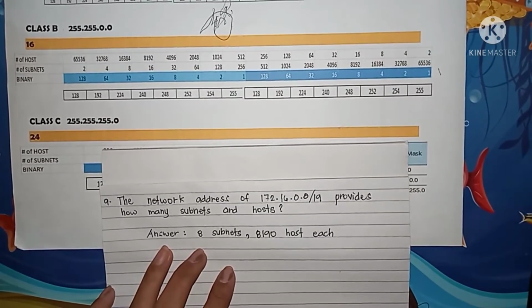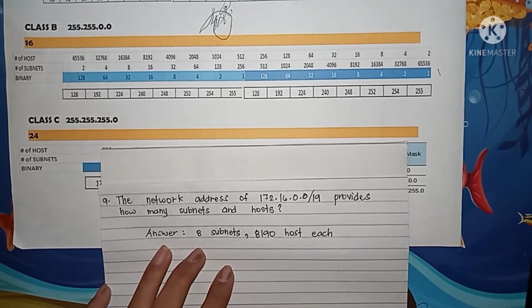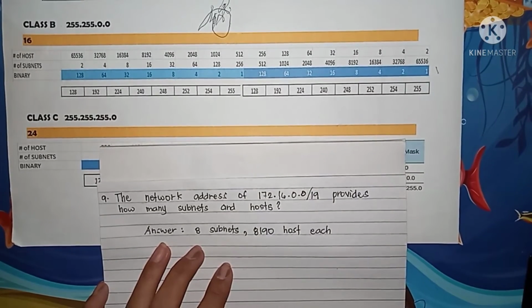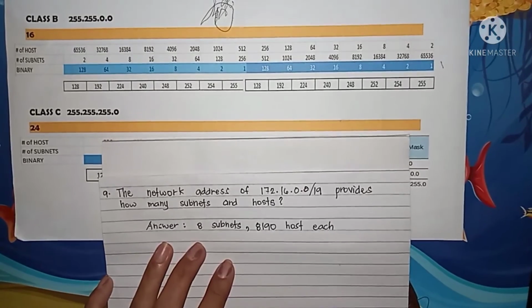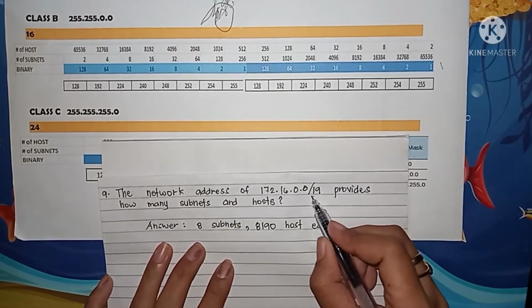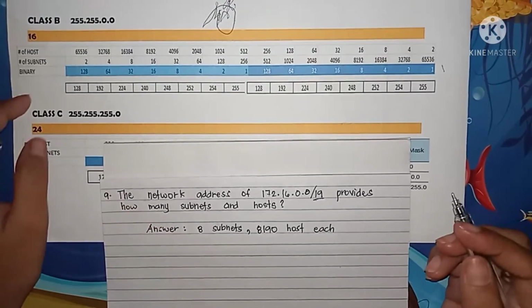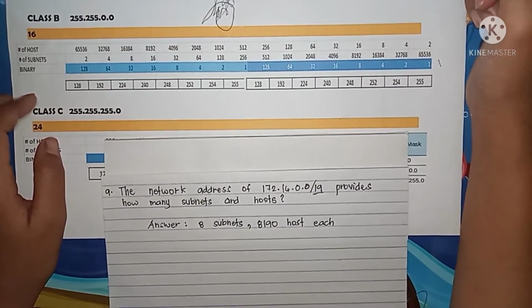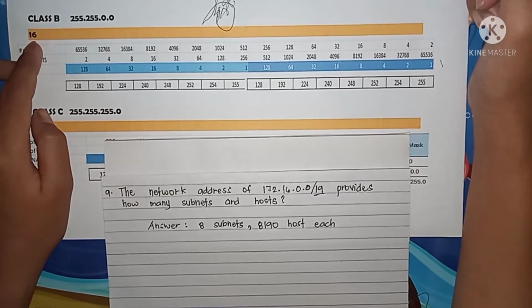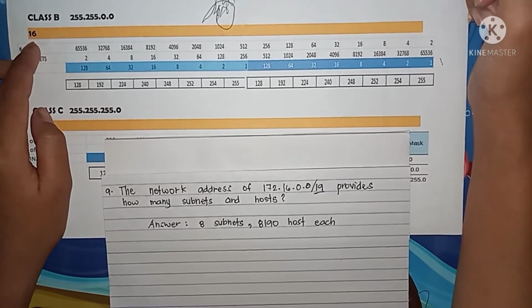The network address of 172.16.0.0/19 provides how many subnets and hosts? So, let's locate the 19 here in class B. So 19 belongs to class B. Let's start counting.